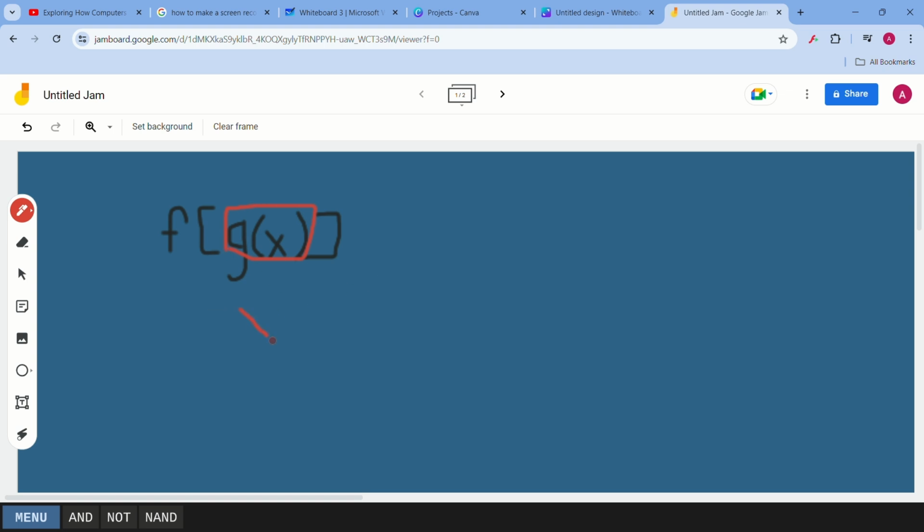It's not our x. No, g is a function of x. So x and g of x are not equivalent. And you don't say f of x either. F of x is completely different from f of g of x, because in f of x, x can be anything at once, but g of x is dependent on x. So they're not the same thing.